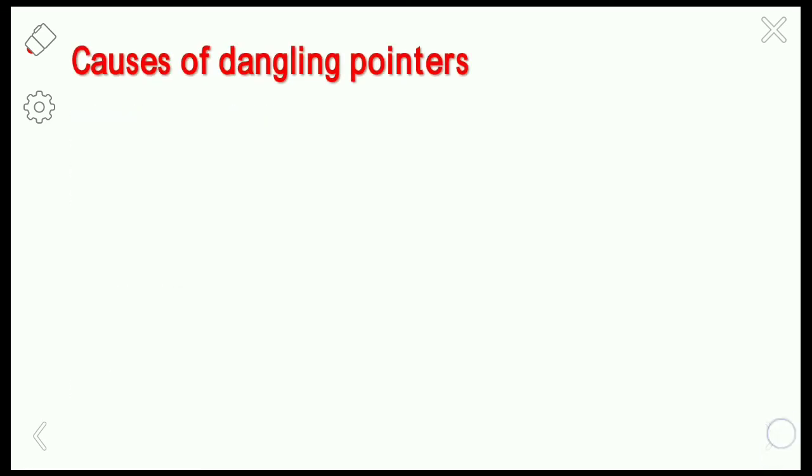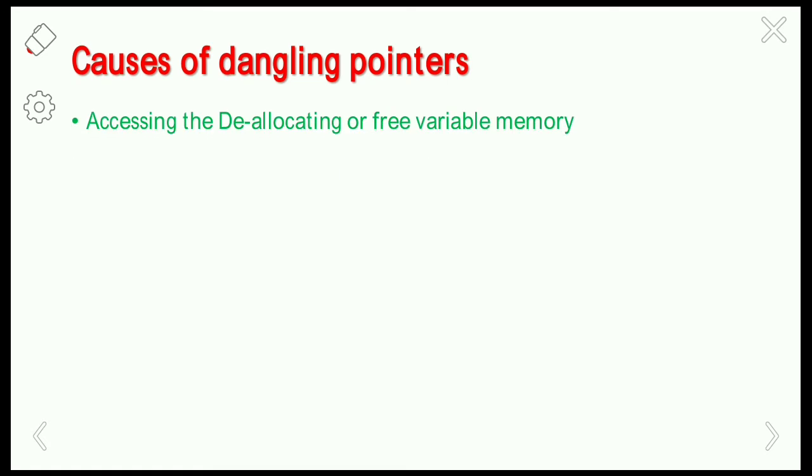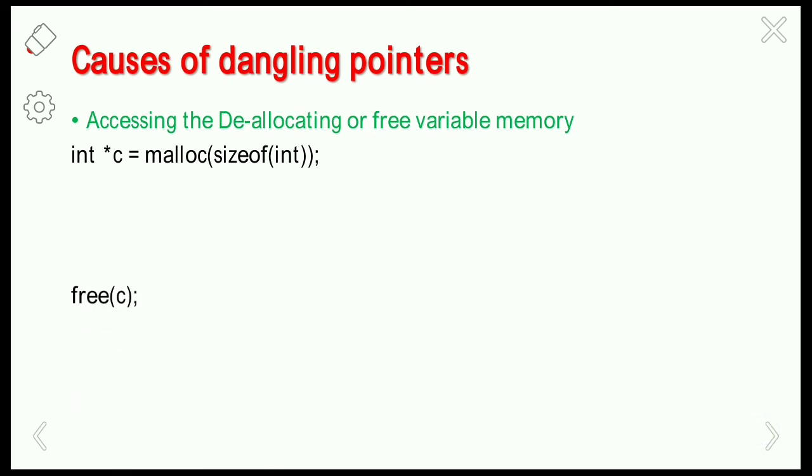So the next one is accessing deallocated or freed variable memory. Deallocating memory normally comes in dynamic memory, with the malloc and calloc functions. So int pointer to c equals malloc of sizeof int, free of c, and value at c equals 3.